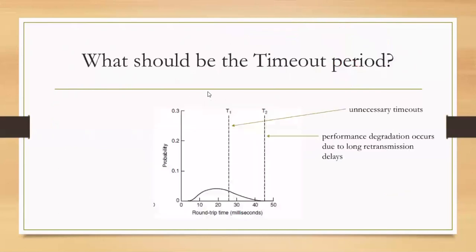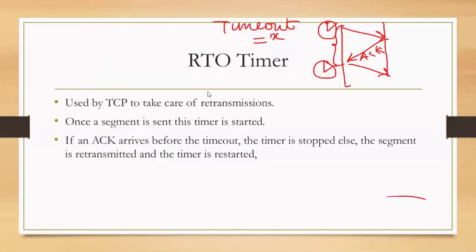So this is how it works. But then, what should be the ideal value of this X? We said that this timeout value is some X seconds. So what should be the ideal value of this X?